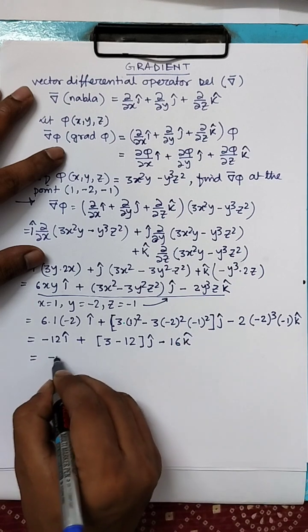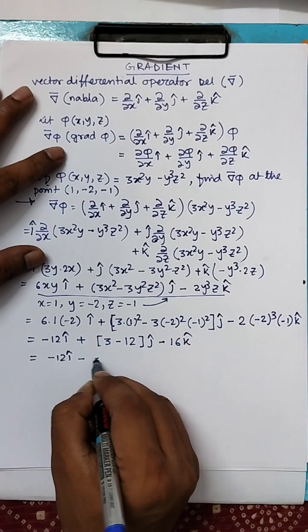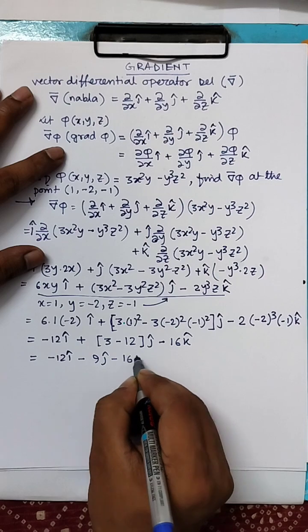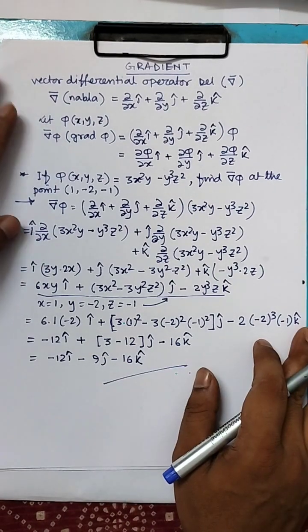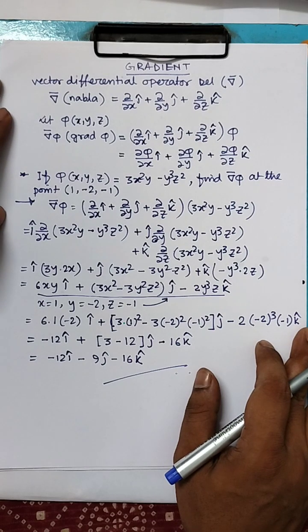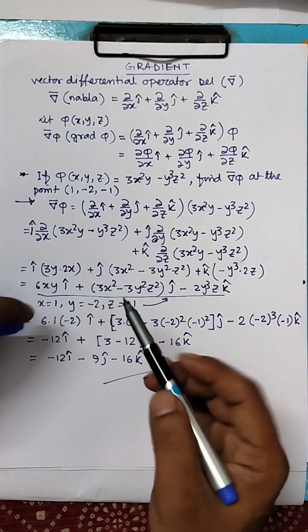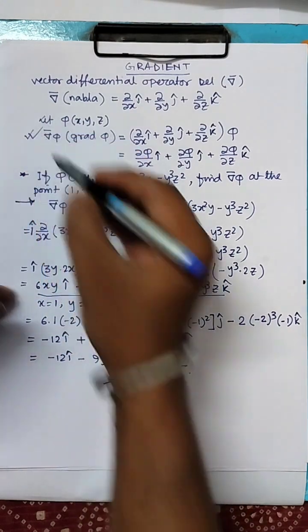So the final answer is -12i minus 9j minus 16k. So that is very easy. In this way you can solve any question or problem using this gradient formula.